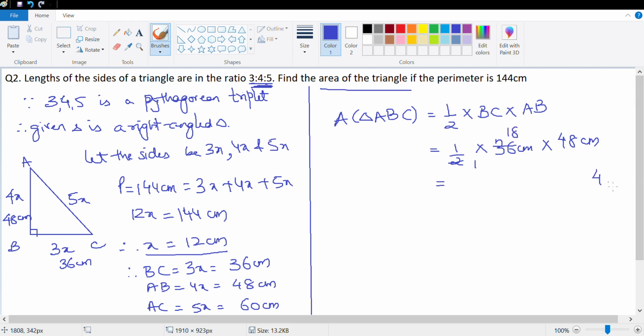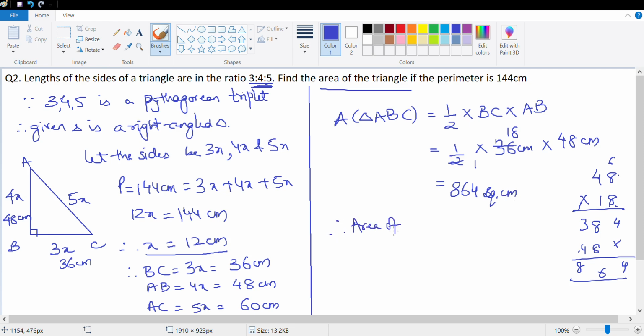Let's multiply 48 into 18. 8 8s are 64, 32 and 6 38. That's 8 and 4, 4. 8 plus 8, 16, 7 and 1, 8. So this is equal to 864 square centimeter. Therefore, area of triangle is 864 square centimeter.